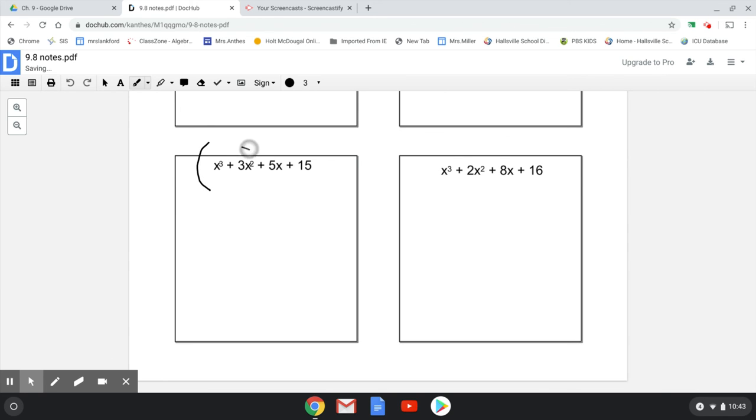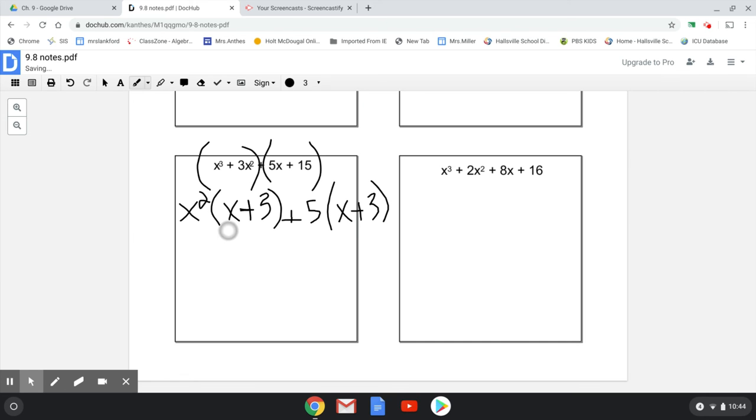So we would do our two sets of parentheses. And remember, we're trying to take out a greatest common factor from each group. For the first group, we would take out x squared and we would have left x plus 3. For the second group, we would take out a positive 5 and we would have left x plus 3.